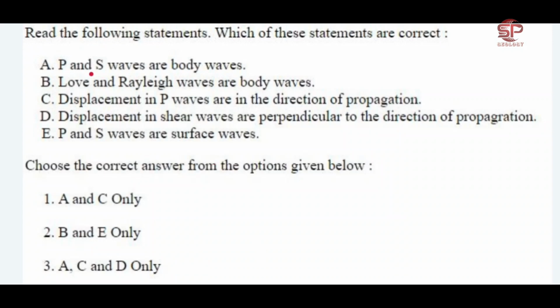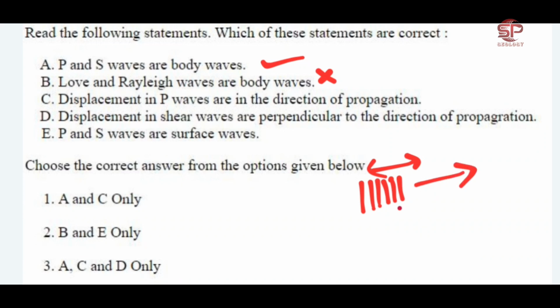P waves and S waves are body waves, it is correct. Love wave and Rayleigh wave are body waves, it is incorrect. The displacement of P waves is in the direction of propagation. So the P wave vibrates like this and propagates in that direction. The displacement, meaning the vibration, is in the direction of propagation. It is a characteristic of P waves. The displacement of shear waves is perpendicular to the direction of propagation.